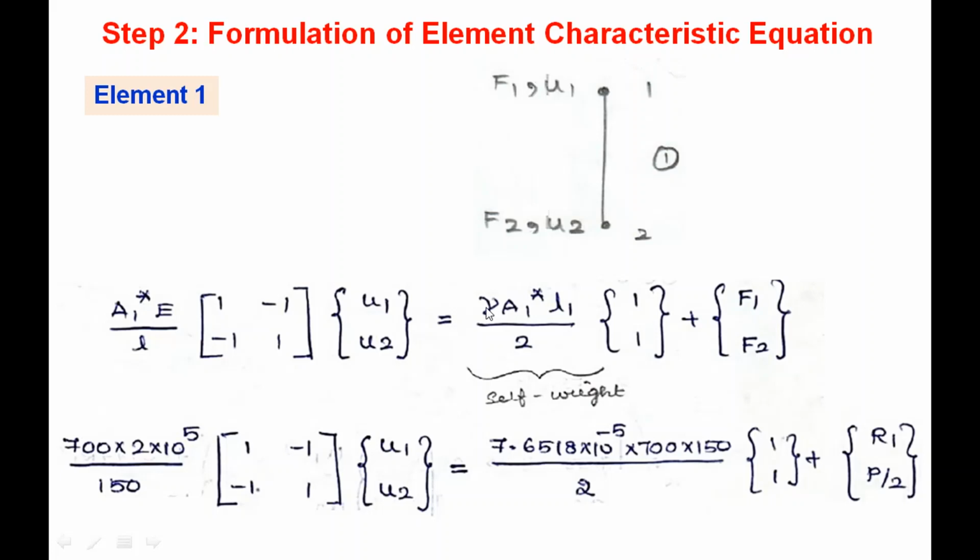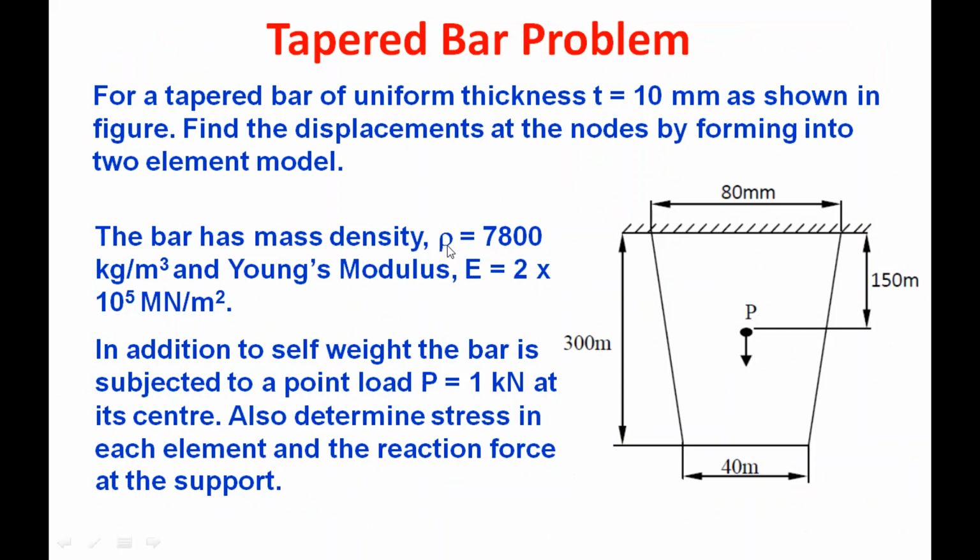Then we have to substitute the gamma. Gamma is actually weight density, but in the question only mass density is given. So we have to calculate the weight density by multiplying the mass density given in the question. In this question, rho mass density is given as 7800 kg per meter cube. If you multiply this rho with acceleration due to gravity g, 9.81 meter per second square, then we will get the weight density.